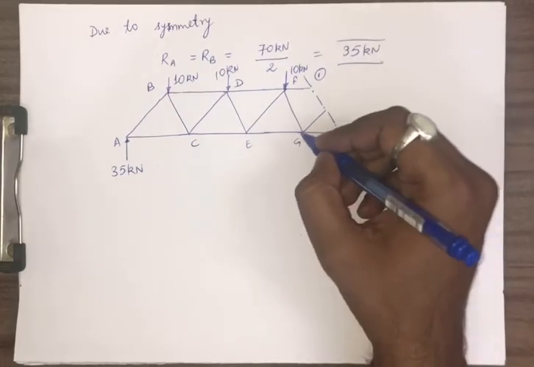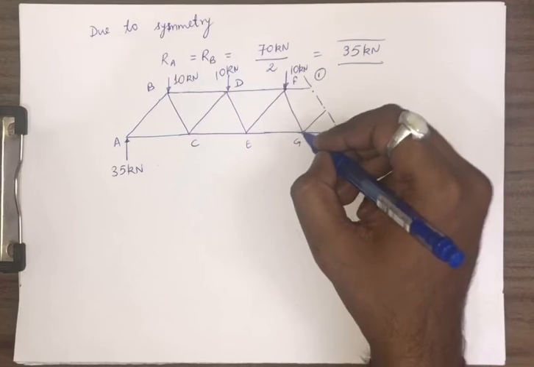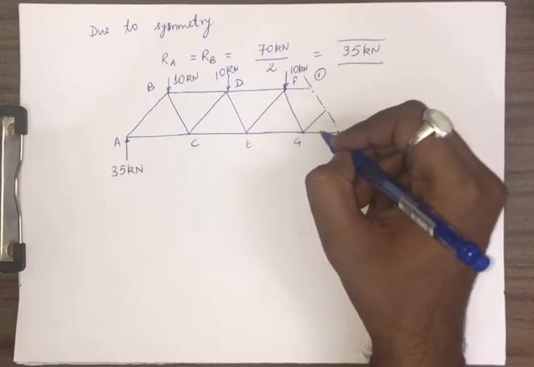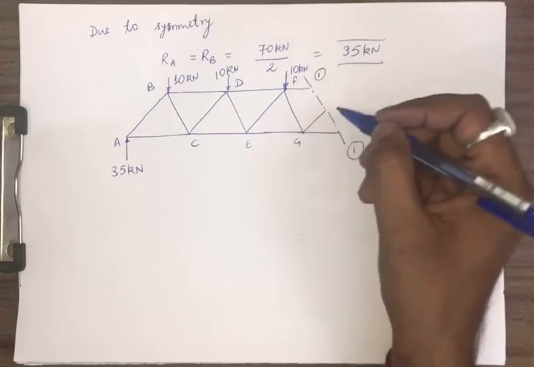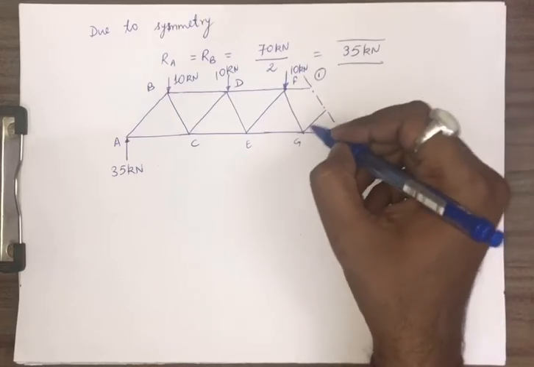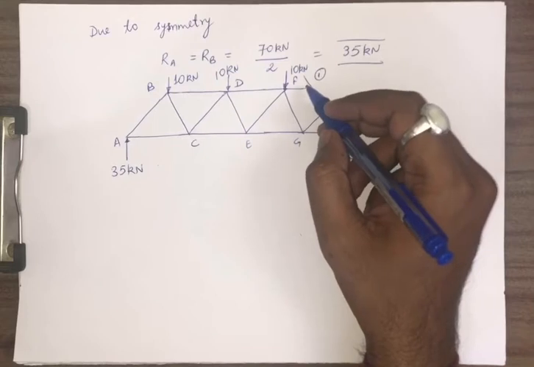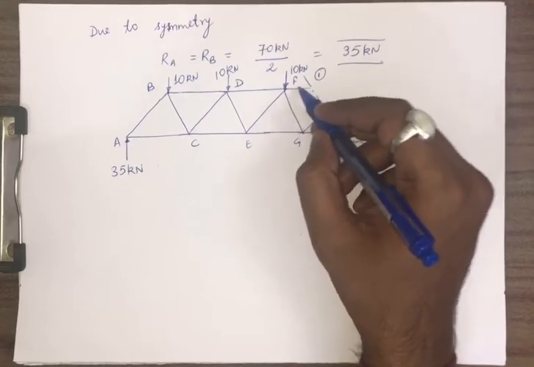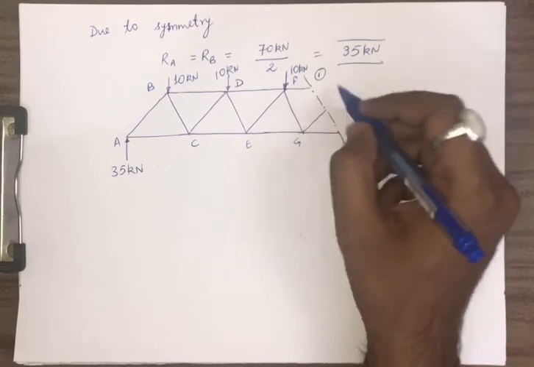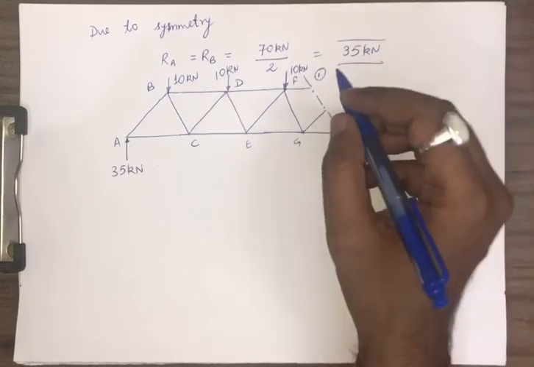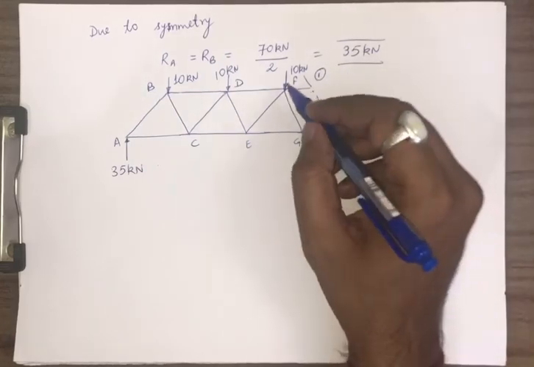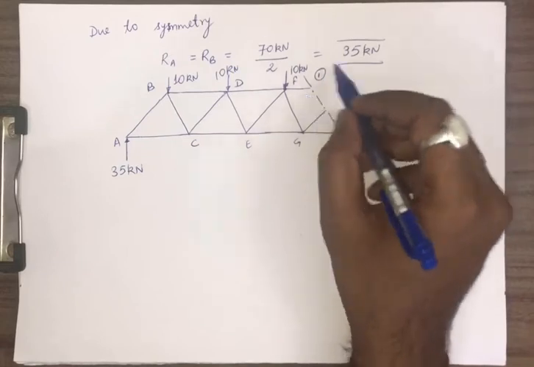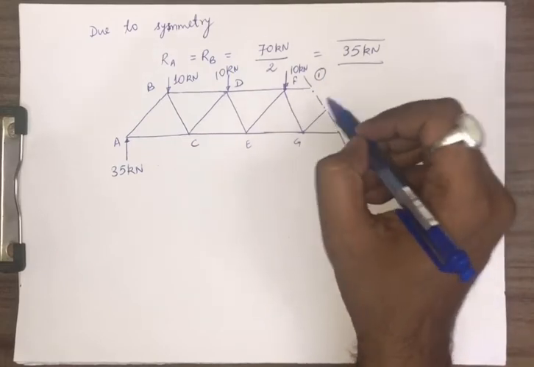Because if we take the moment about this point, the moment due to these forces will be 0 because this line is passing through this same point, and only the moment due to the unknown force will come into picture. So our problem has become easy. In that equation, only one unknown will be there, and that will be the force in the member.